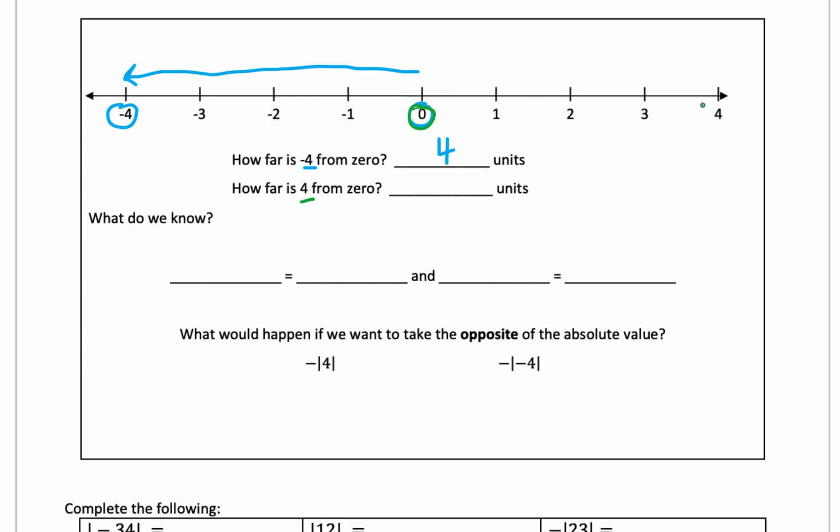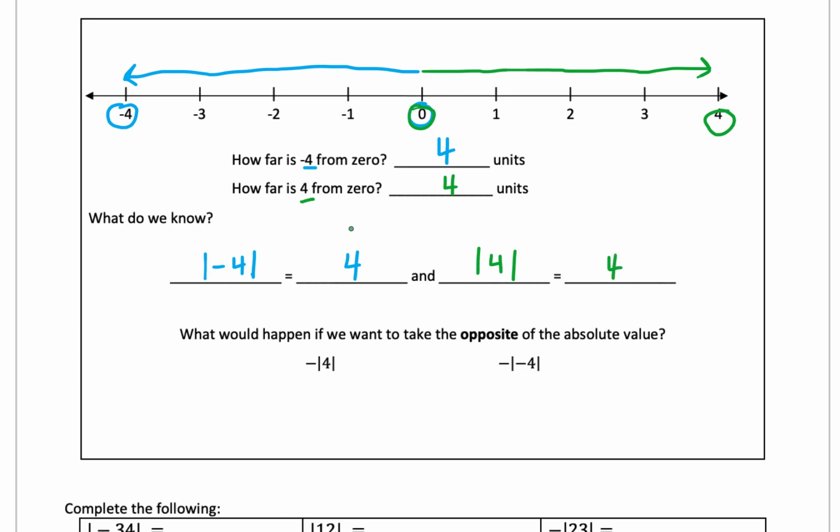If I want to start at 0 and go to +4, that would be 1, 2, 3, 4 spaces away from 0 as well. So they're both 4 units away from 0, and what that tells us is that the absolute value of -4 is 4, because it's 4 units away from 0. But it also tells us that the absolute value of +4 would also be 4.